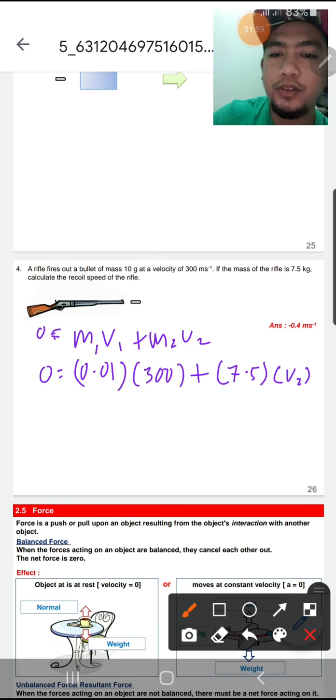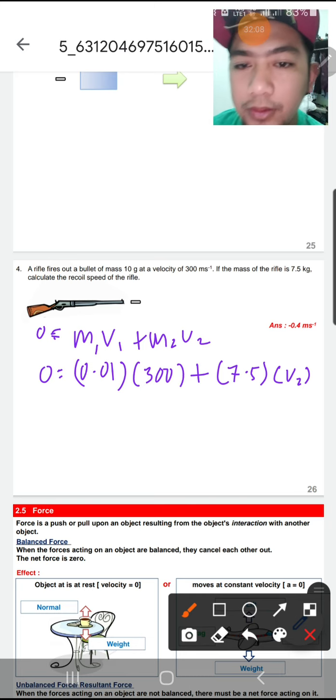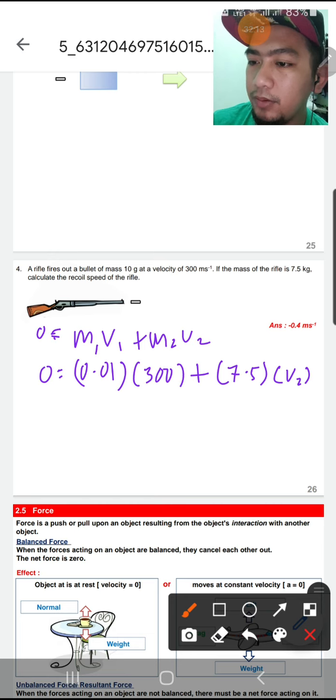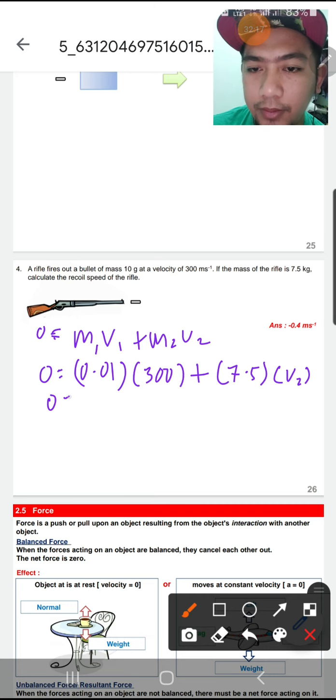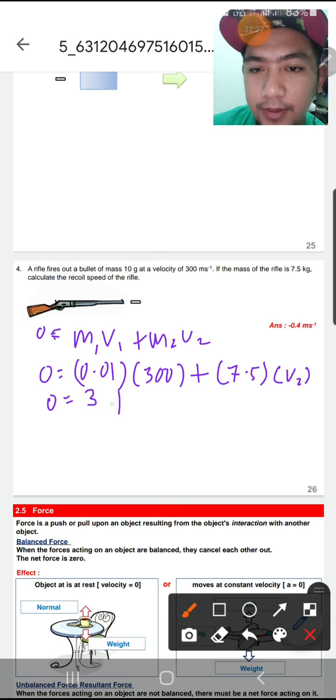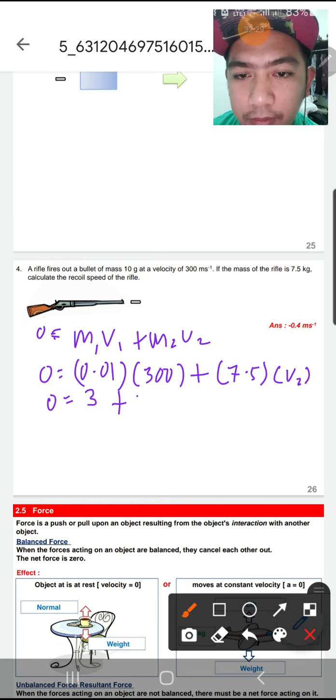So 0.01 times 300, we get 3. Okay, 3. So plus 7.5 v2.